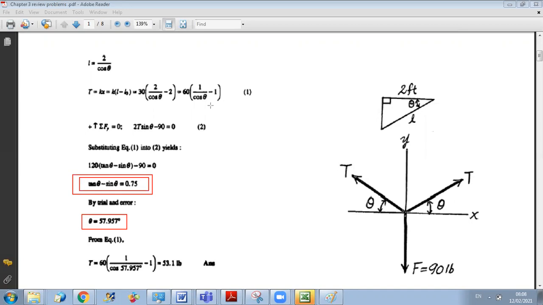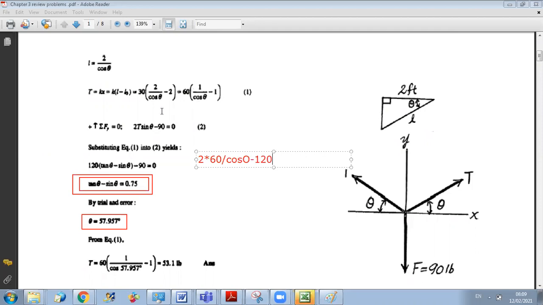Okay. Look, you have these two equations. So what you do is you should replace t by its function of theta in this equation. So if you do here 2 times, I will replace t by its value. T is 60, so it's 2 times 60 over cosine theta minus 120.